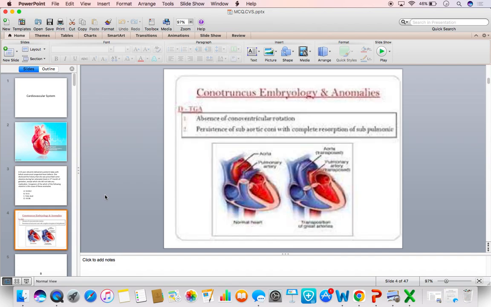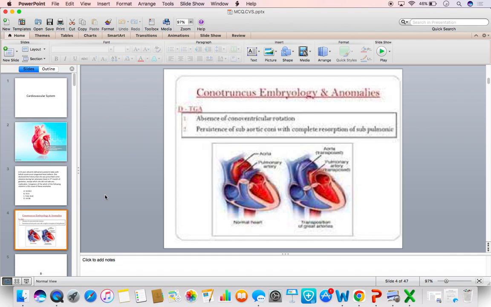This picture shows transposition of the great arteries. Aorta arising from the right ventricle, pulmonary trunk arising from the left ventricle. This is the common conotruncal defect, and the baby will be suffering from severe cyanosis and congestive heart failure at birth.